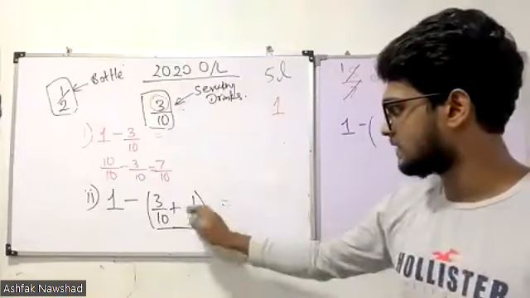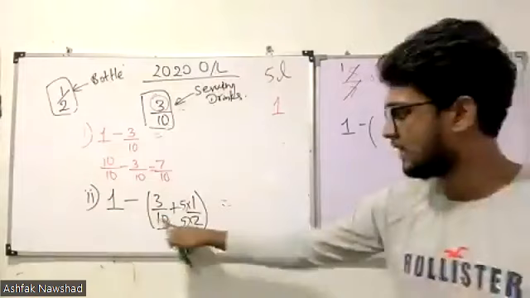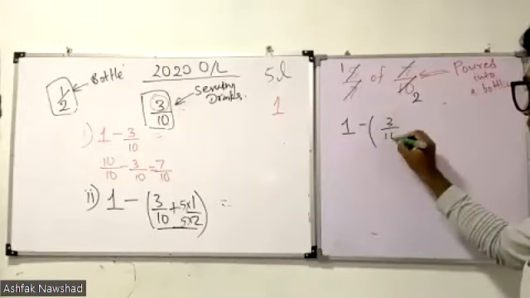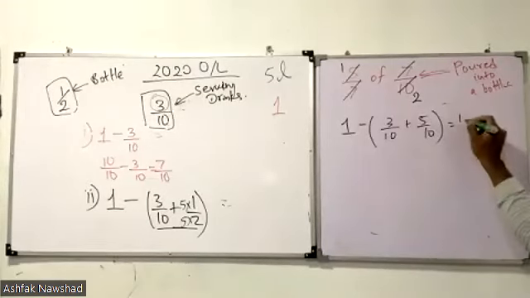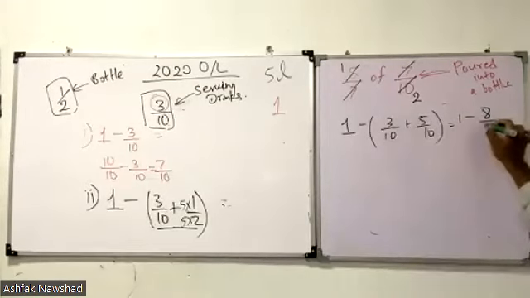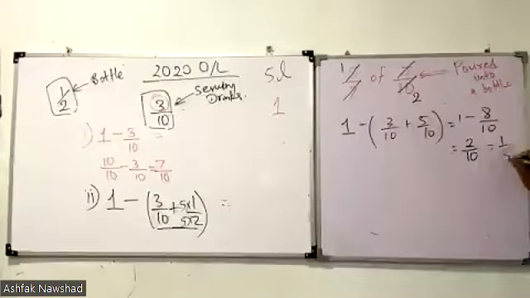I can make this 5 out of 10 by multiplying by 5 to make the denominators equal. So this is 3 out of 10 plus 5 out of 10, which is 1 minus 8 out of 10. So what is 1 minus 8 out of 10? It's clearly 2 out of 10. This is 10 out of 10. 10 out of 10 minus 8 out of 10 is 2 out of 10. This is also 1 out of 5.